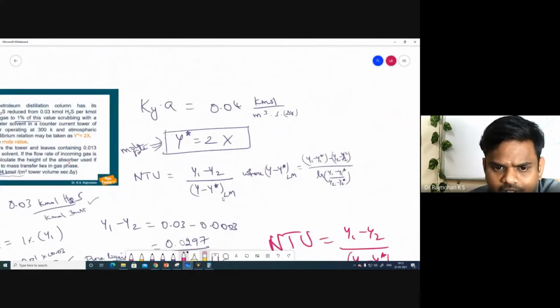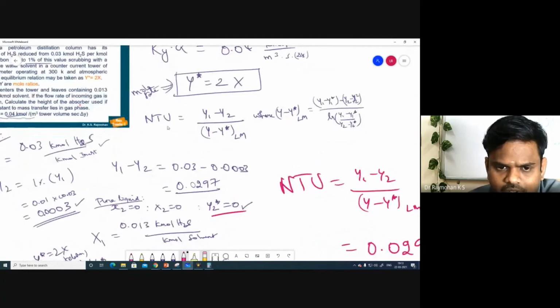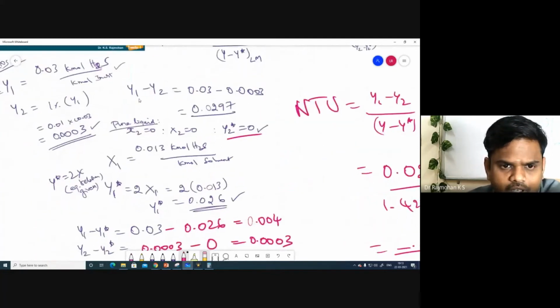is given. Okay, equilibrium relationship is also given as y star equal to 2 times x. Okay, so NTU formula in terms of mole ratio is capital Y1 minus capital Y2 by capital Y minus capital Y star Lm, where y minus y star Lm is the usual formula. Okay, so from the given data we have calculated y1 minus y2.